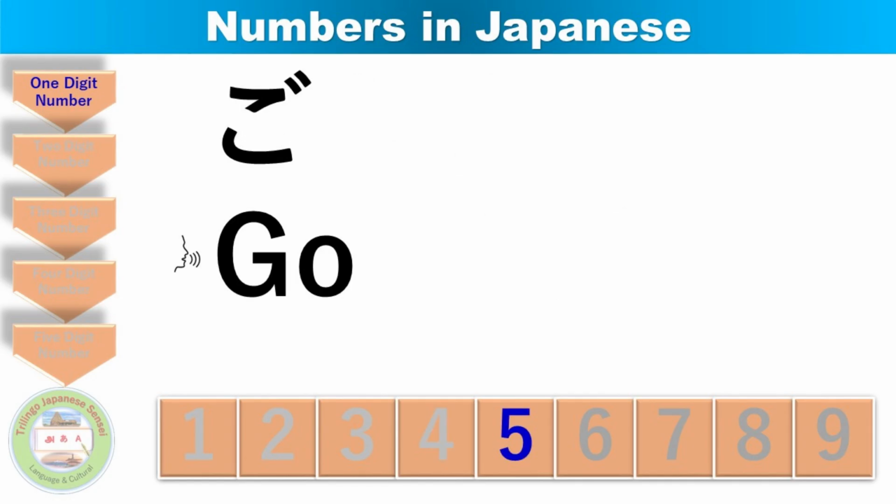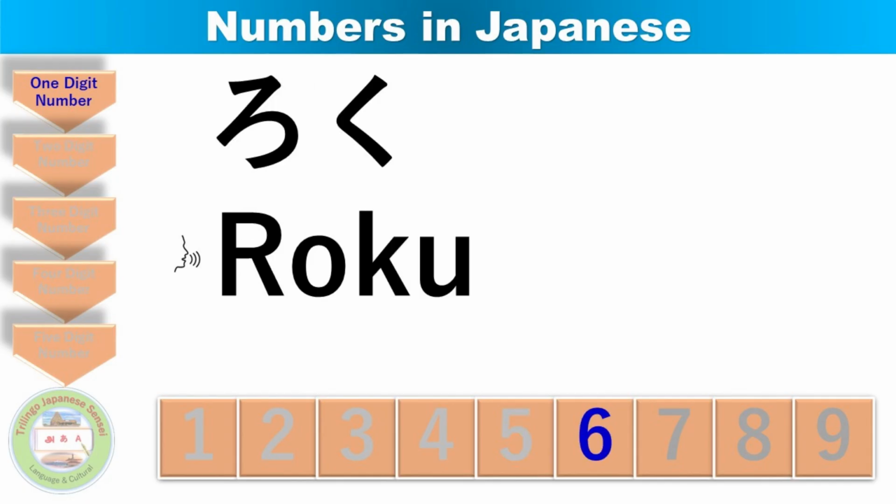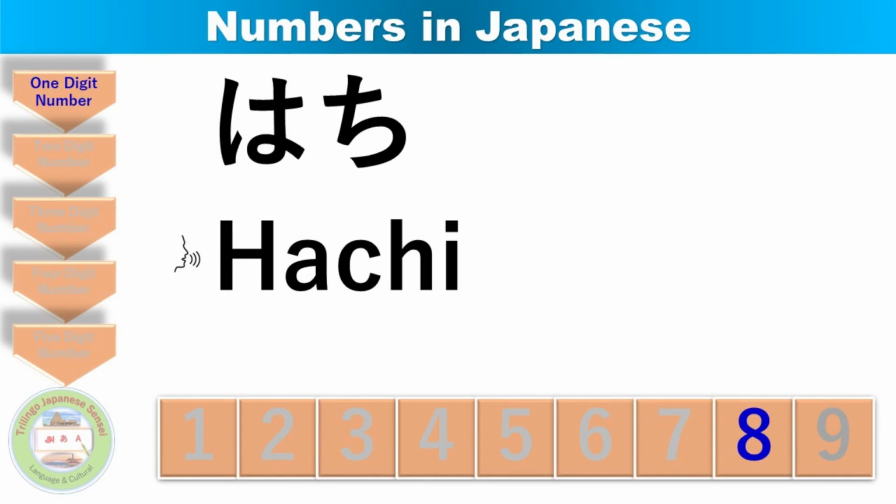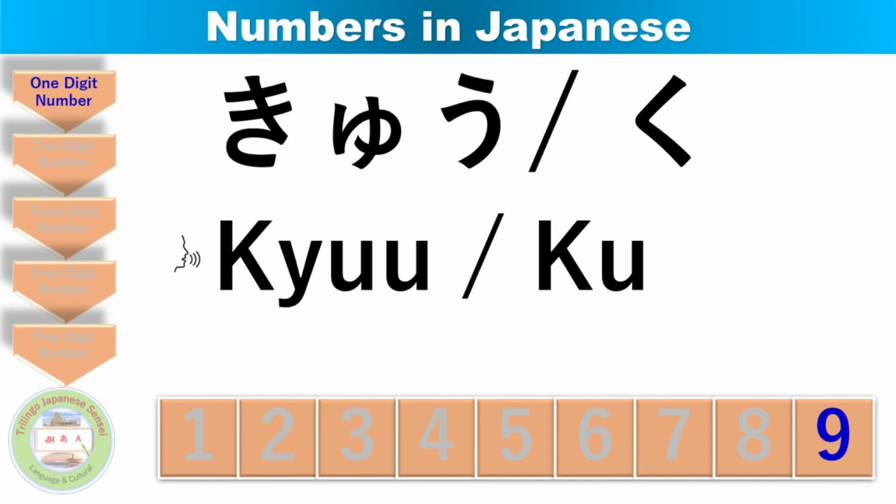The next one, go. Go means number 5. Roku. Roku means number 6. Nana or shichi. Nana or shichi means number 7. Hachi. Hachi means number 8. Kyu or ku means number 9.